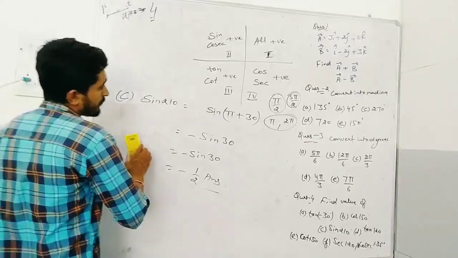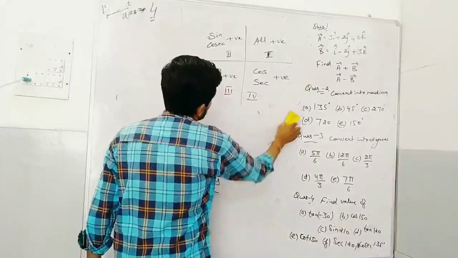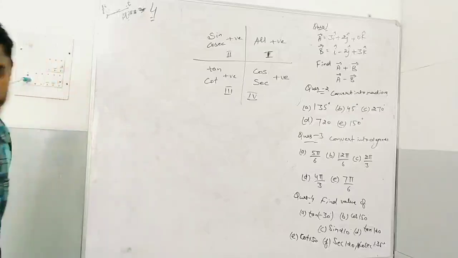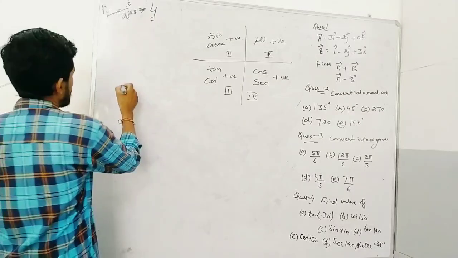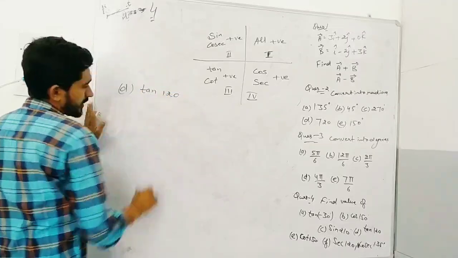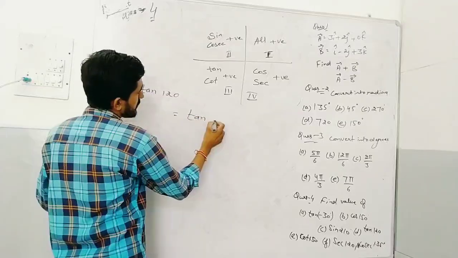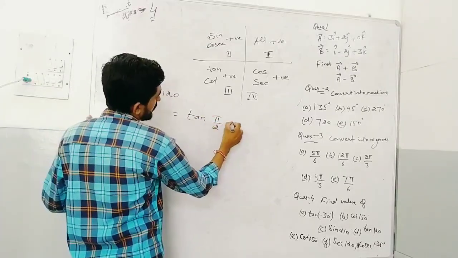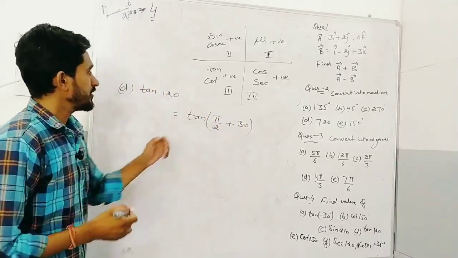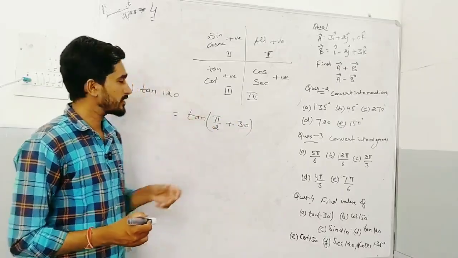Okay. For the next part we have D part. D part is tan 120. Tan 120 we can write as tan of pi by 2 plus 30, that is 90 plus 30.